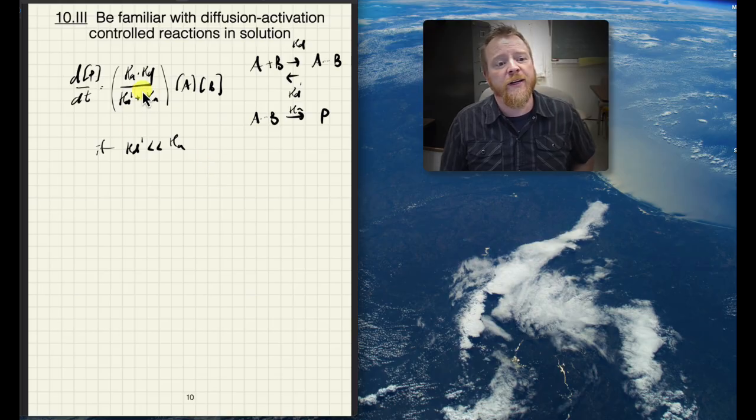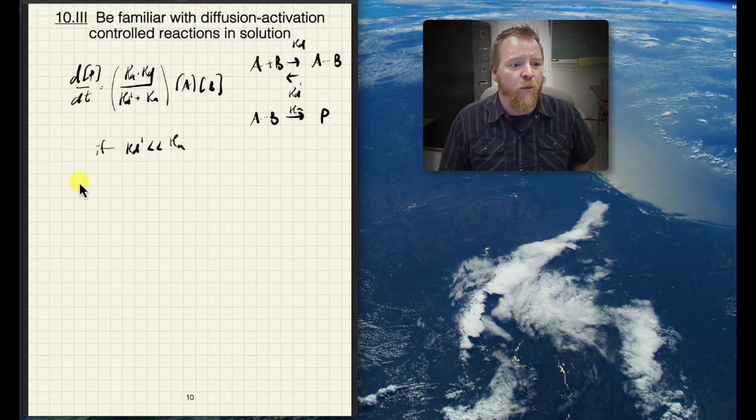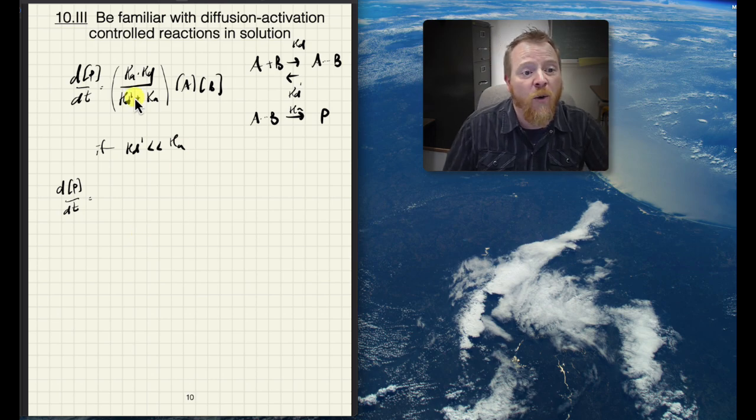So when we're looking at this now, if Kd prime is much, much less than Ka, then we can cancel the Kd prime from this expression, and we're left with the following. dP by dt equals, so we're ignoring Kd prime because we assume it's small in this limiting case.